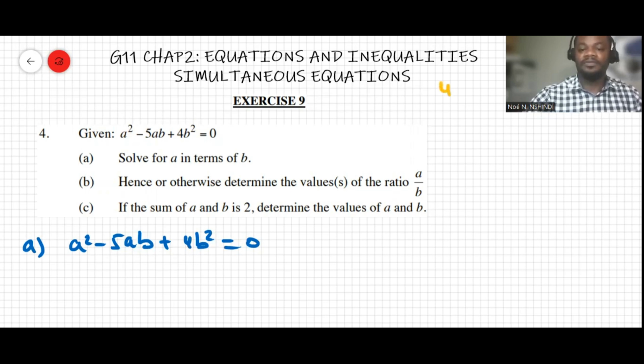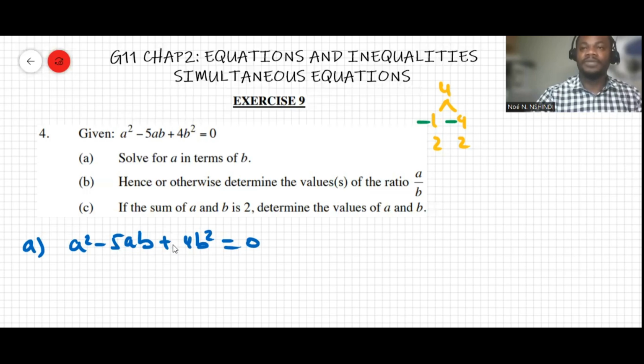So that's 4. Factors of 4 are 1 and 4, 2 and 2. Now, I want to ask myself which couple of the factors of 4 can make the sum of the coefficient of the middle term. It's only 1 and 4 because -1 minus 4 makes -5, and -1 times -4 makes +4 there.